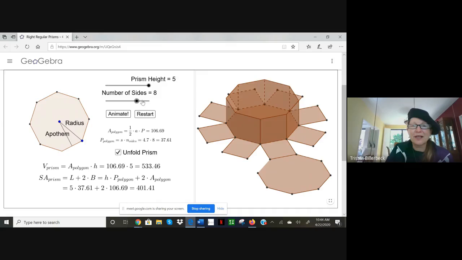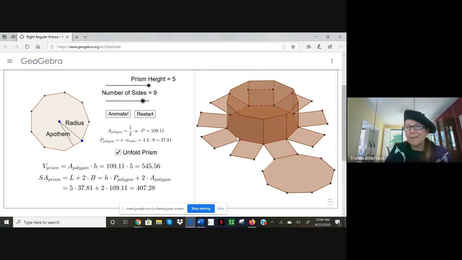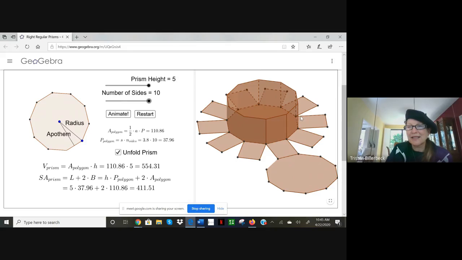And here we go with a nonagon. So 9 sides. See how the bases are always the same, and then you have 9 rectangles, and then a decagon. So that's 10 sides. The bases are identical. And then all these 10 rectangles all the way around.